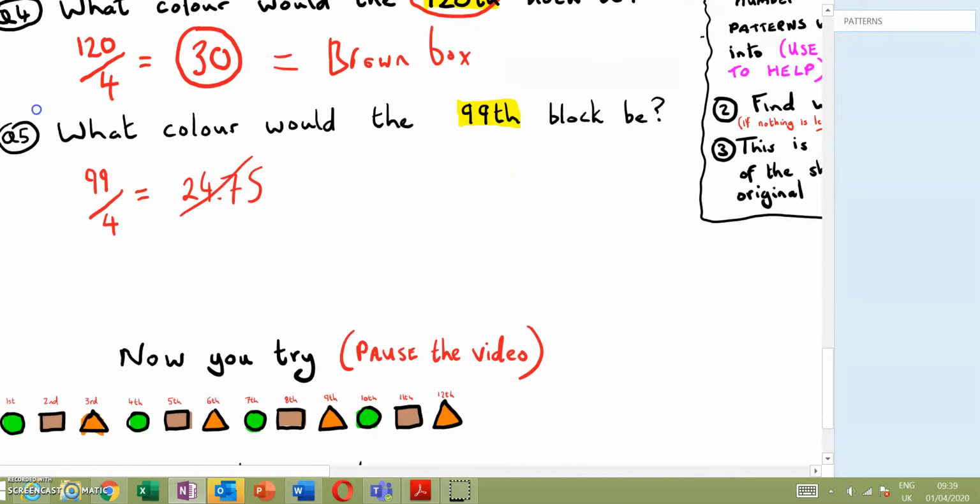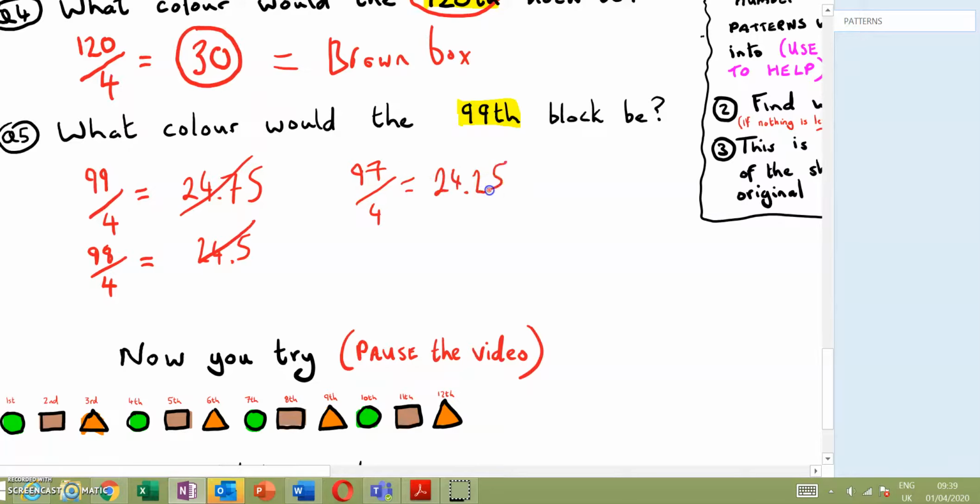So now I try the next number below 99. I try 98. Divide by 4. And that goes in 24.5. That's no good. So now I try the next number below that, 97. Divide by 4. And that goes in 24.25. Still no good. Remember, I'm looking for a nice round answer, not decimals.